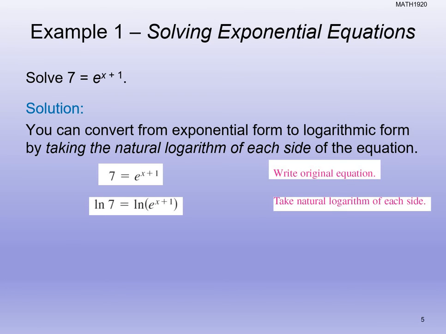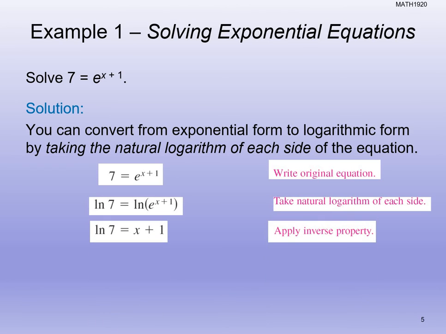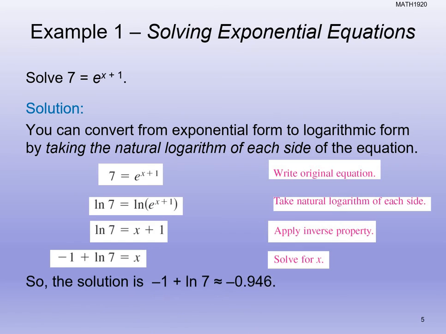Then my natural log and e cancel each other out. So we have natural log of 7 is equal to x plus 1. Then we subtract 1 from both sides, so negative 1 plus natural log of 7 is equal to x, and then we can substitute into our calculator and get that equals negative 0.946.